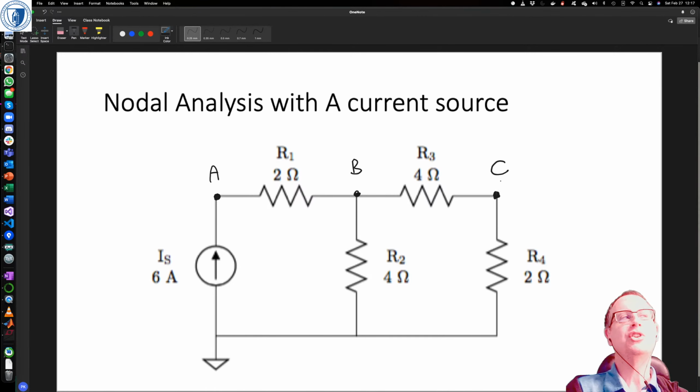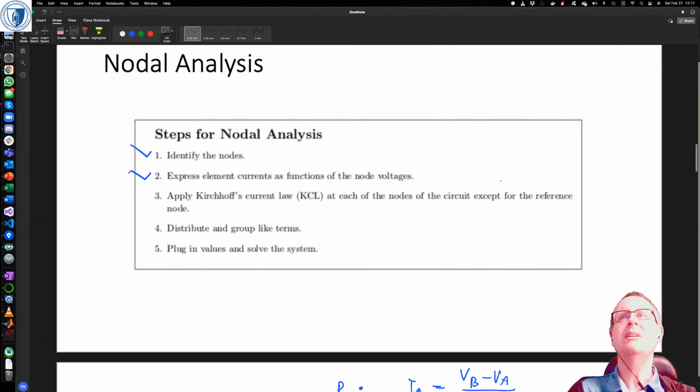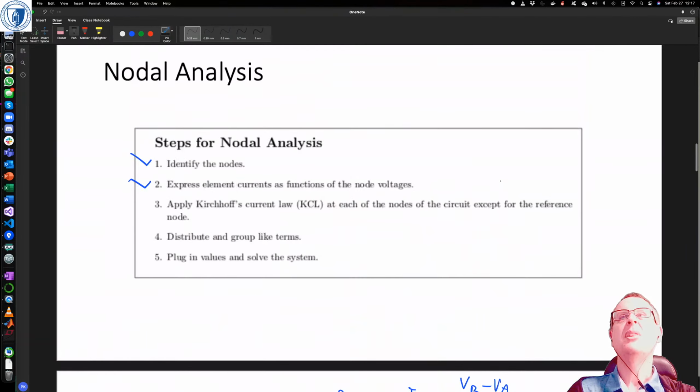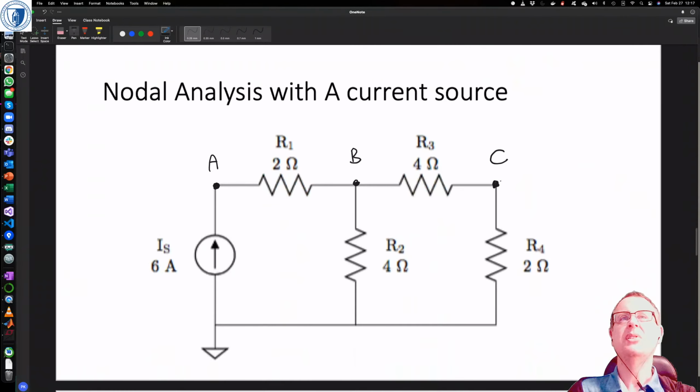And again, I'm drawing dots, but remember it's an area of constant voltage. So there's our A, B, and C. That was our first step, right? Identify the nodes, then express element currents as functions of the node voltages.